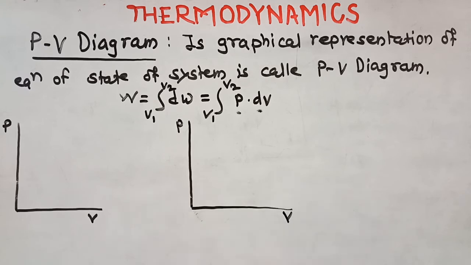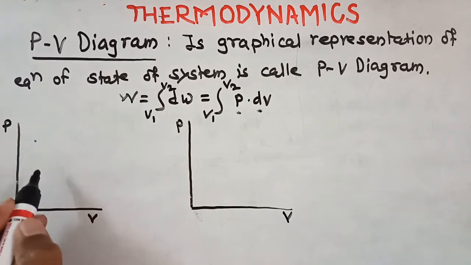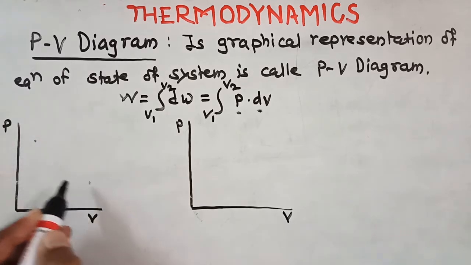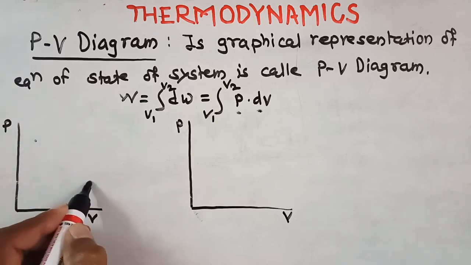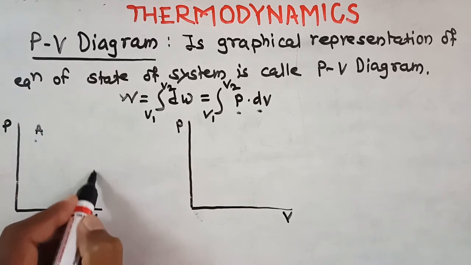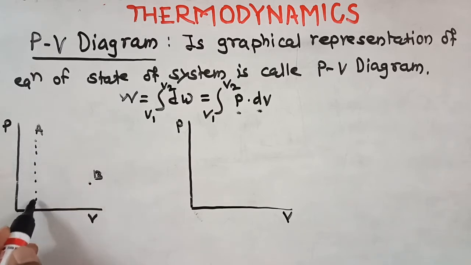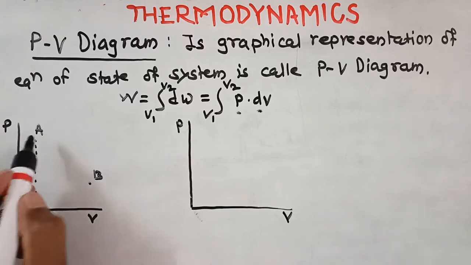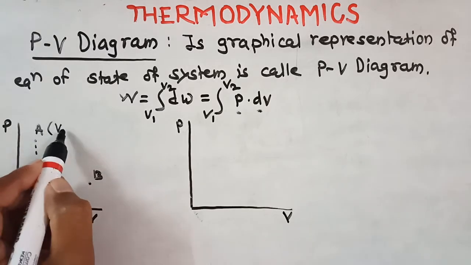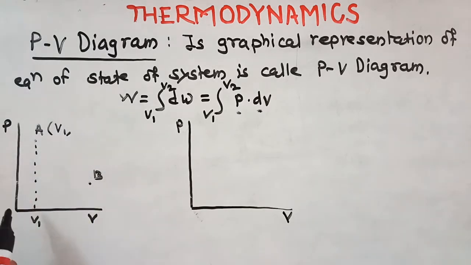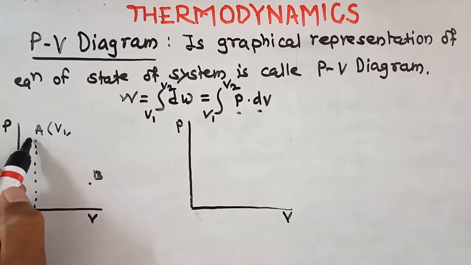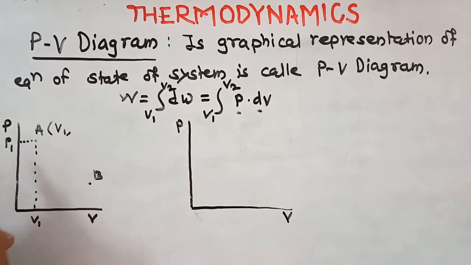Now let us consider this should be the initial state A and this should be the final state B. At initial state, the volume is V1, and the pressure is P1.